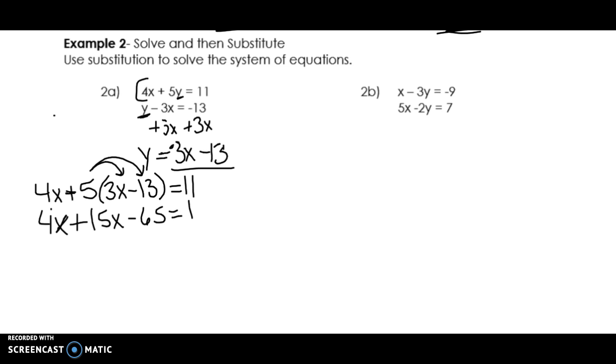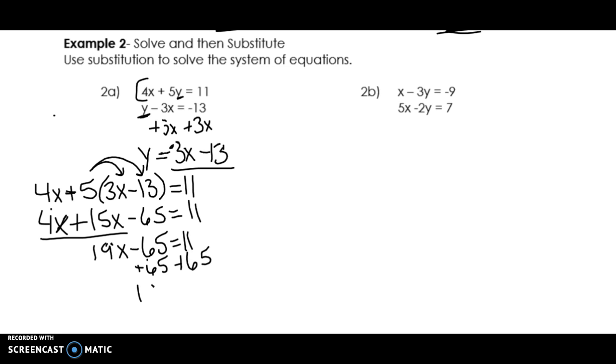And set that equal to 11. Again, I have some like terms I can add together. 4x plus 15x gives me 19x minus 65 equals 11. I need to get that x by itself, so I'm going to add 65 to both sides.